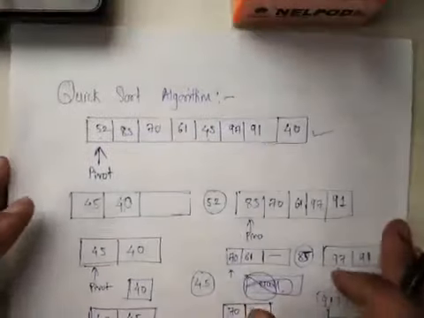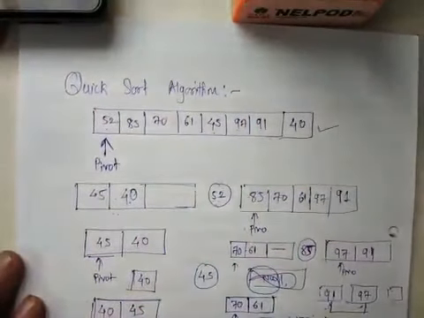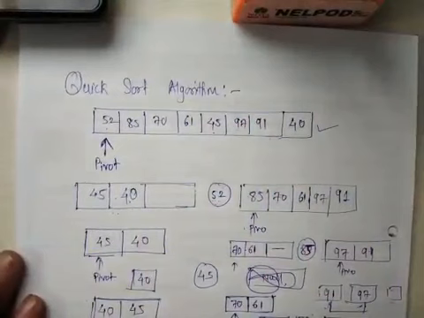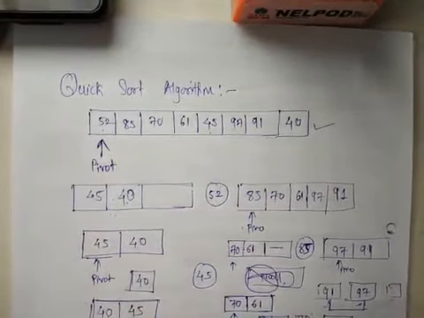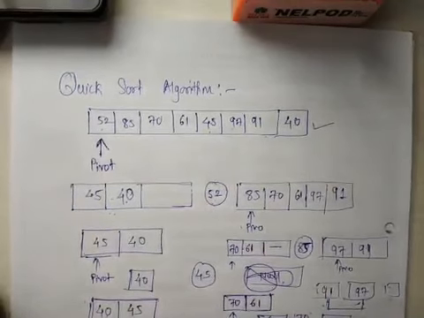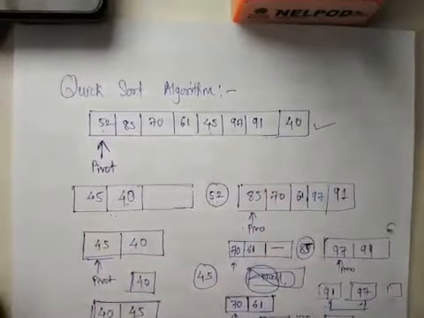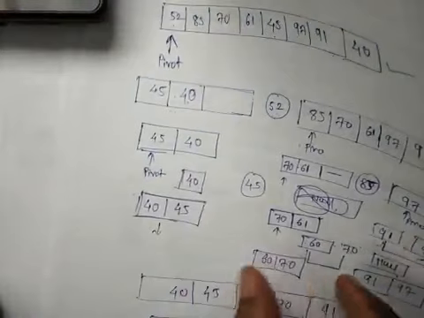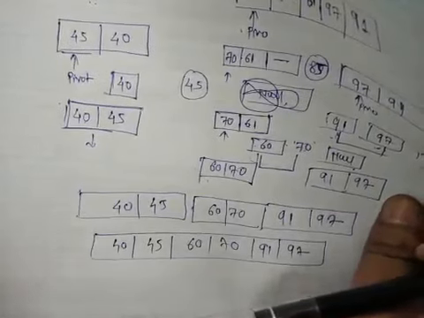So what we did in quick sort, we divide the array into sub arrays till we cannot divide into partitions. Got it? Then whatever we divided, we conquer their results at the end of the algorithm, and we get the final result.